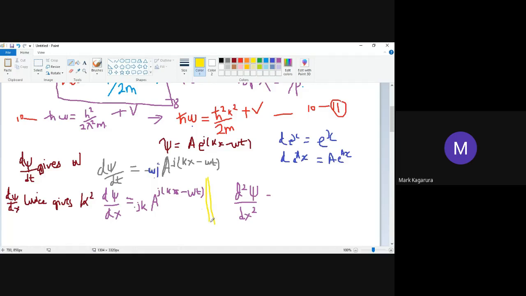So we are going to get the second derivative. The second derivative gives us, now it's this jk again, so it will become j times j, which gives negative j squared, and j squared is a negative, so it will be positive k squared.